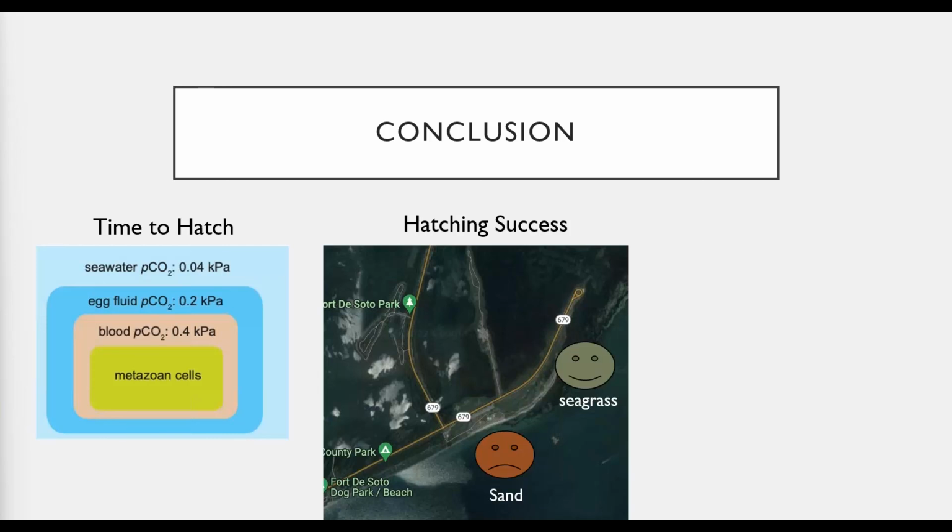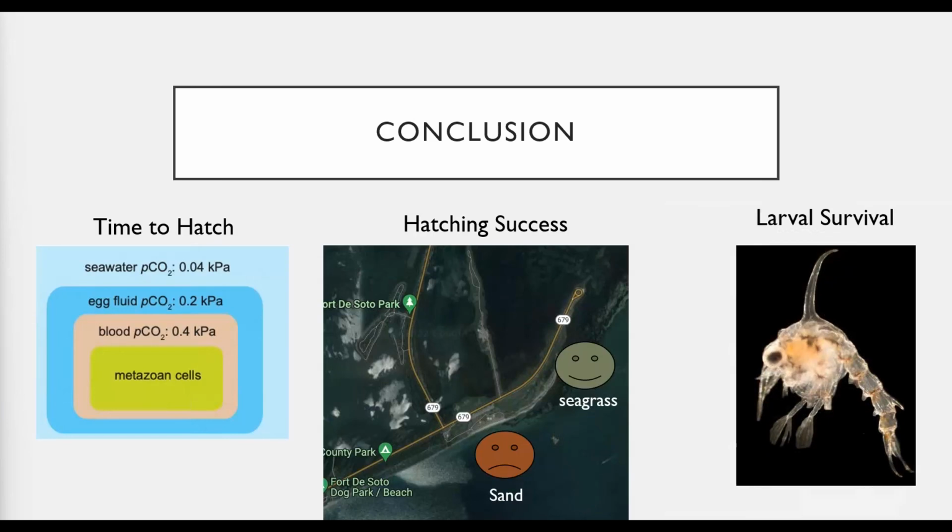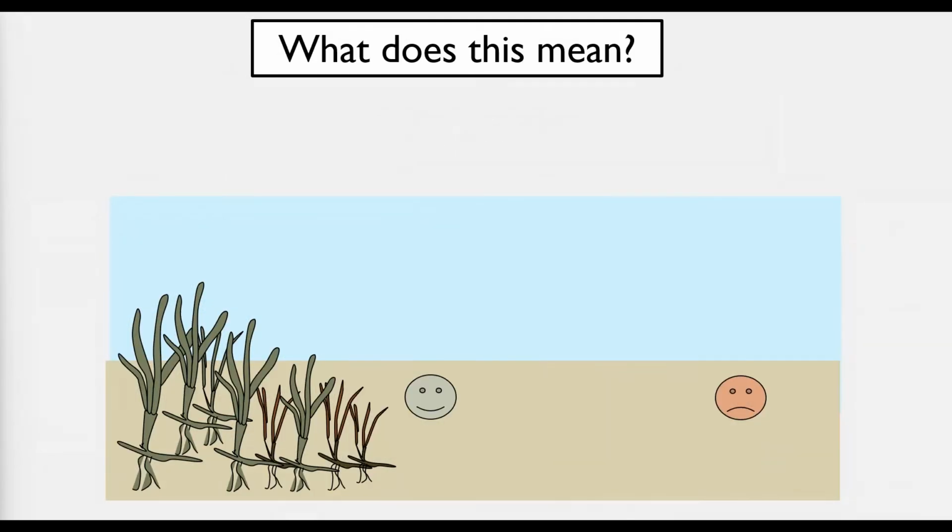And in hatching success, it appears to benefit larvae in the seagrass site rather than the sand, which is interesting. It's like the variability in the pH is rearing them for success in later stages of life. And then for larval survival, as of right now, our trend points to later larval survival being more sensitive to seawater conditions.